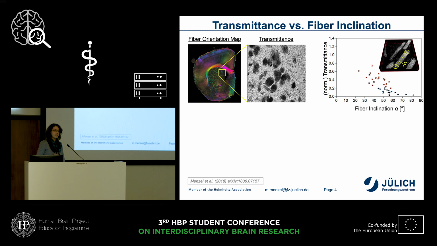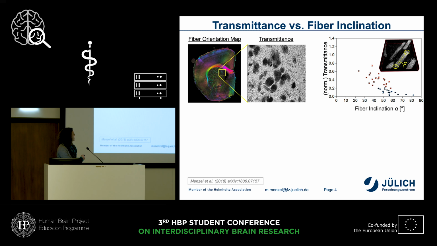So now to give you some examples how I use this type of simulation to explain effects we observe in our measurements. So here we measured striatum fibers in the caudate putamen of a coronal mouse brain section, and we had a look at the transmittance, so the average transmitted light intensity. And here you see that the transmittance decreases with increasing inclination angle of the fibers, which were here determined by two photon fluorescence microscopy measurements.